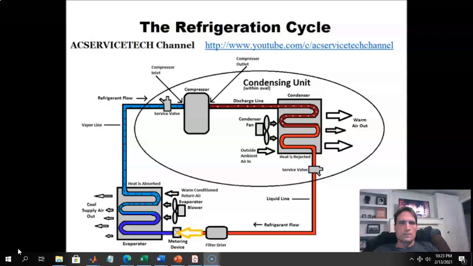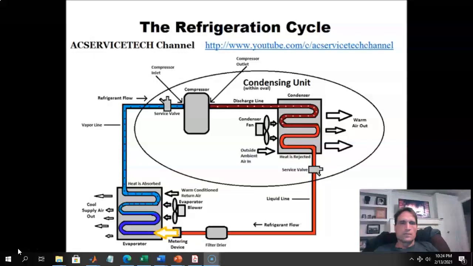So in this case, we have a high pressure, high temperature liquid refrigerant coming through and hitting the metering device. The metering device is only going to allow a small amount through, all right? And then it turns into a low pressure, low temperature, 80% liquid, 20% flash gas mix. But it's mainly going to be a low temperature, low pressure liquid, all right, until it gets to the middle of the evaporator coil.